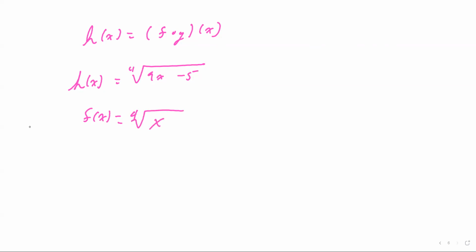Then if I want to plug this in, I would let g of x be that new function, which would be just 9x minus 5. So I replace x with 9x minus 5, and I'm back to this point. So identify the parent function, and then your new function will be all the additional stuff. You don't have to put the whole 4th root on there, just the stuff that's different. And that's it. There's your f of x and your g of x.